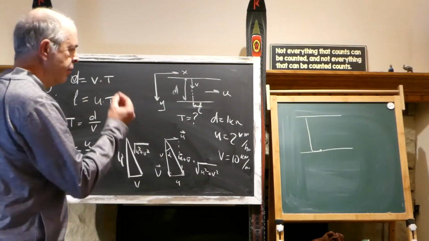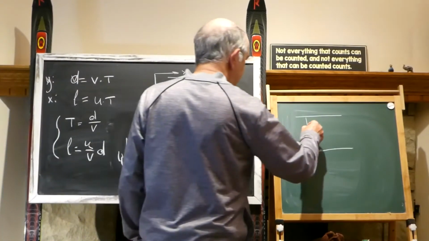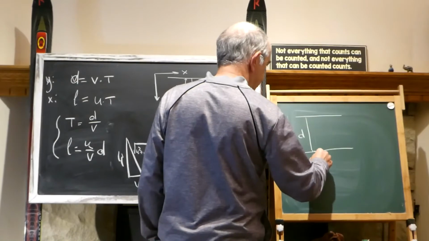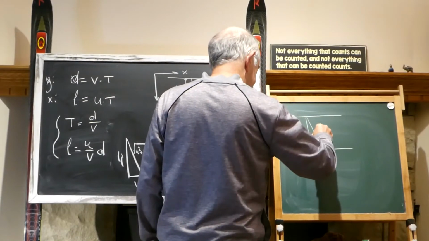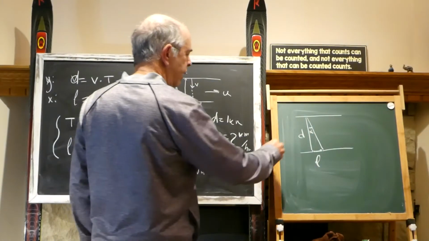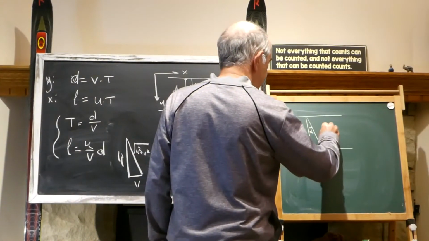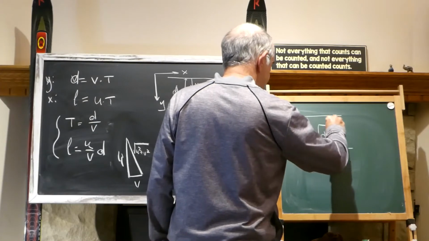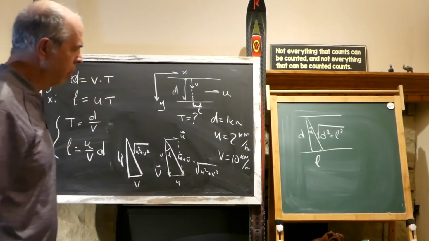Now I will come here and I will say that this is d, and this is l, and this is the same triangle, and it is the same alpha. And if this is d and l, there are no vectors. This is d squared plus l squared, and this is the square root. Okay.